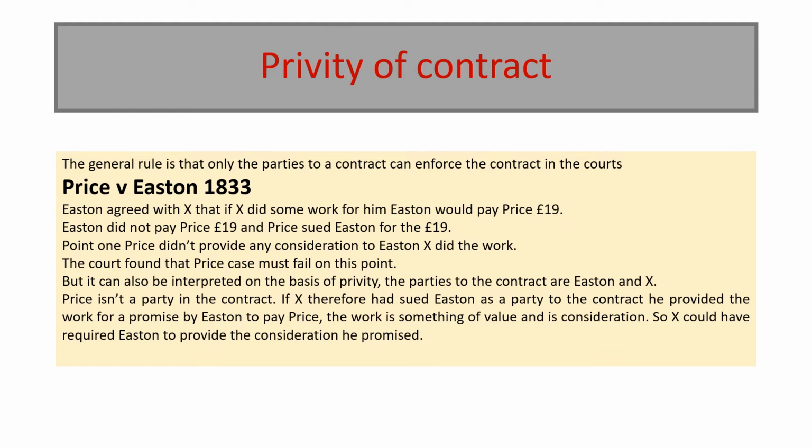So point one, Price didn't provide any consideration to Easton because it was X who did the work. The court looked at this point one and decided the case must fail on this point, so they held that there was no consideration provided by Price to Easton.